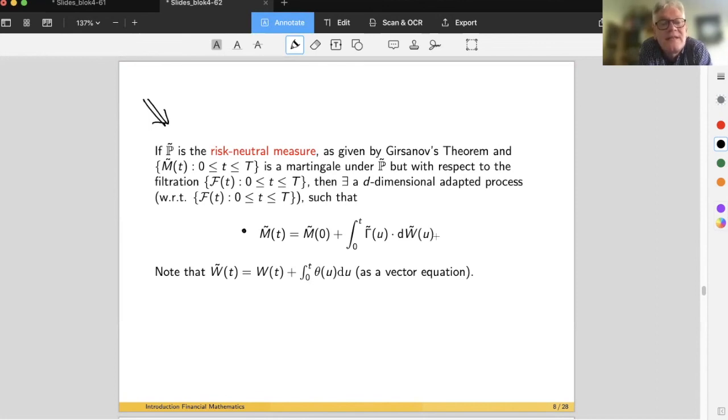But here is that technical detail. So we say that there exists an adapted process. That process is with respect to F, but we can write the martingale with respect to F tilde. Note that W tilde t is Wt plus the integral from 0 to t theta u du. It's a vector equation.